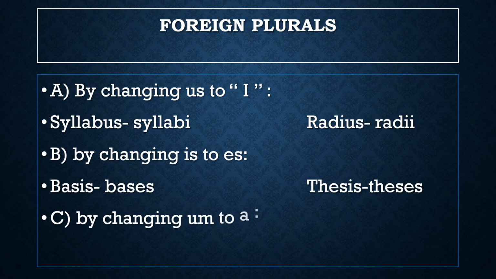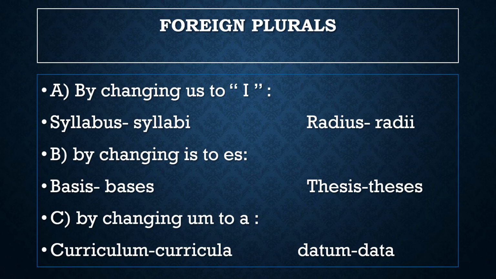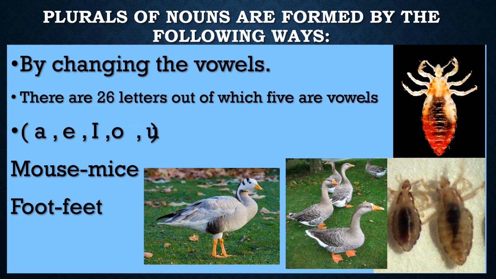C, by changing UM to A in the words ending in UM. Curriculum, curricula; datum, data. A few nouns form their plural by changing the inside vowel or vowels of the singular.